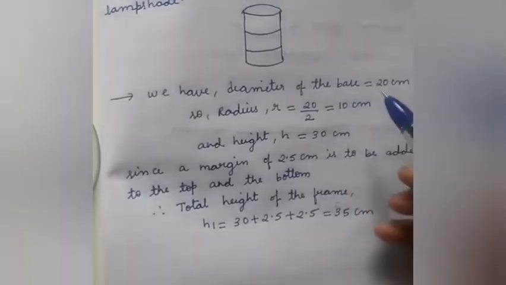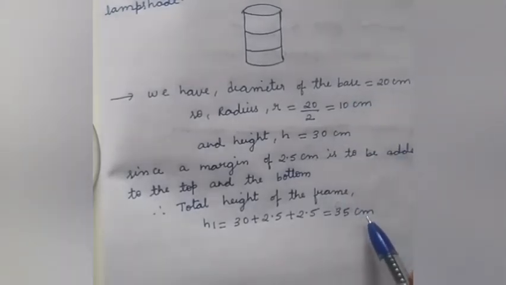So radius is 10 centimeter and height h1 is equal to 35 centimeter.